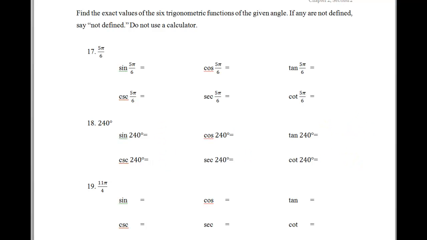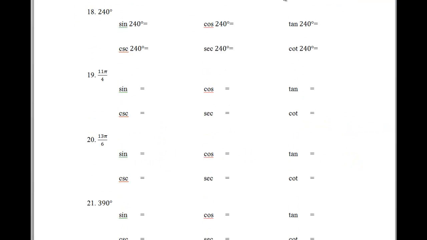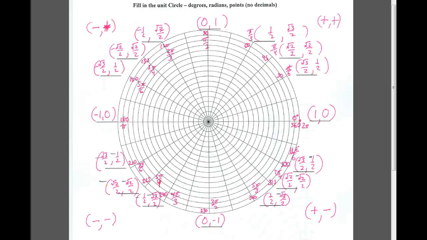11π over 4 is a bit interesting because you might say, oh, it's not on the unit circle, but it's actually on the unit circle, if you travel around the circle more than once. Now remember here, every π over 4 is 45 degrees.